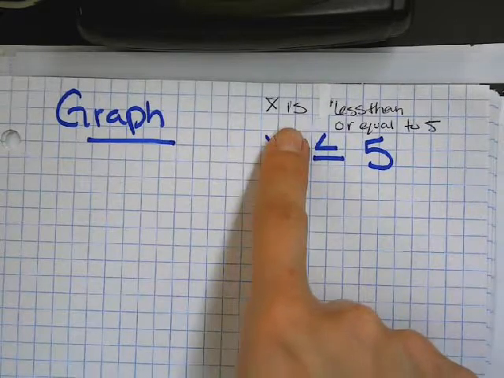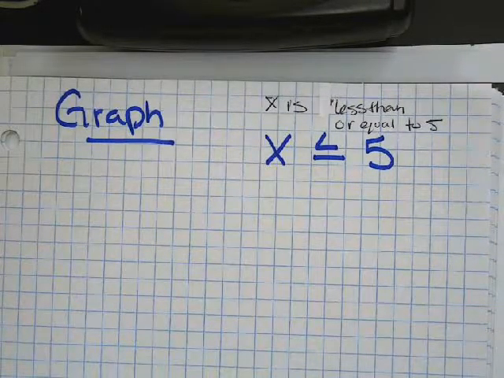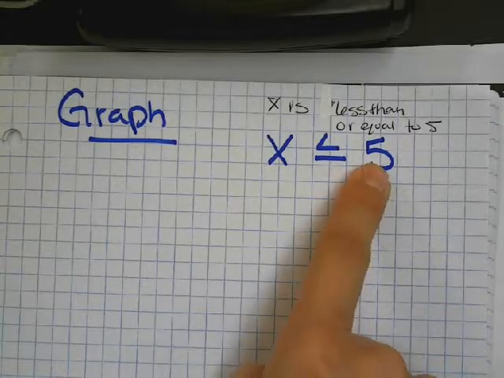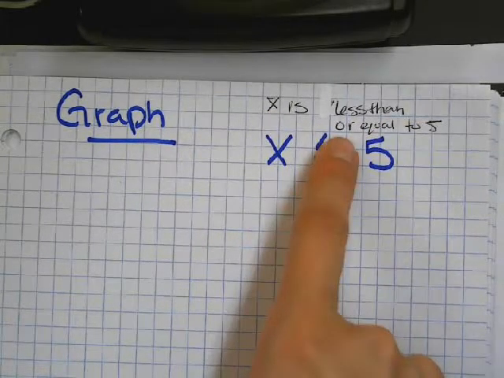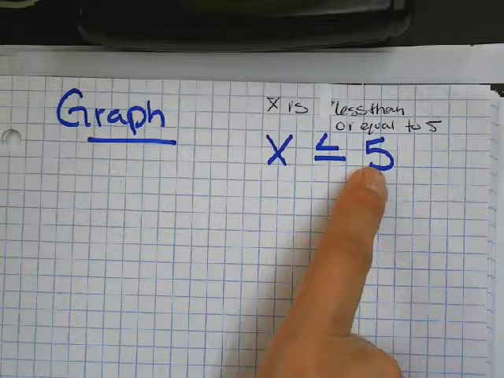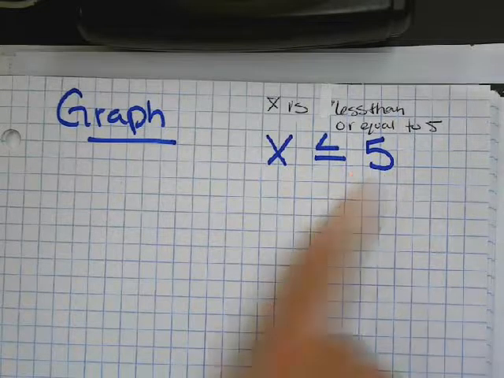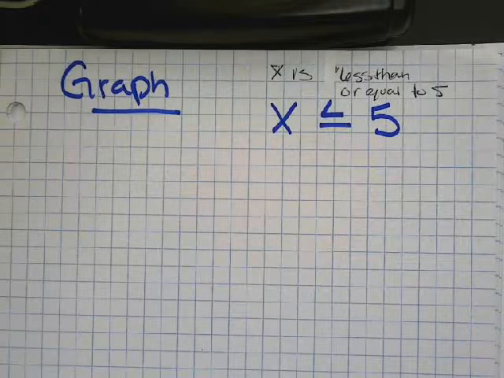The reason I wrote this on top is so when you're telling me your answers, you know how to read it. This problem is read as x is less than or equal to 5. That's how you read this problem. Okay? All right. This is how you graph it.